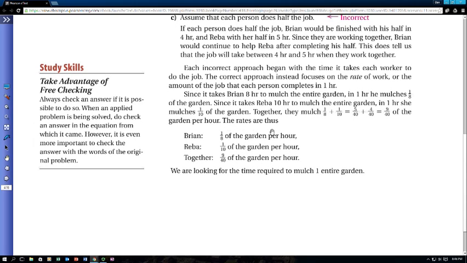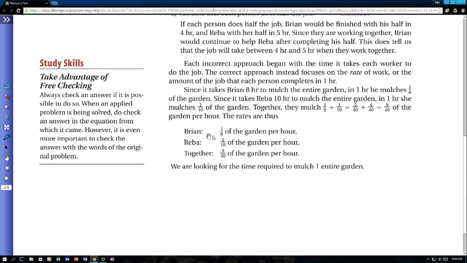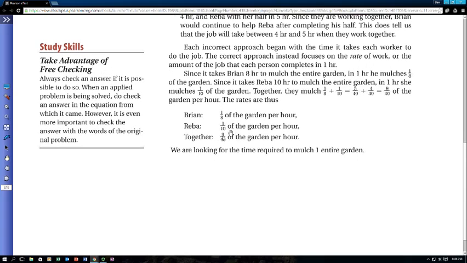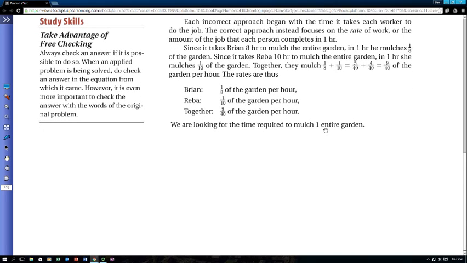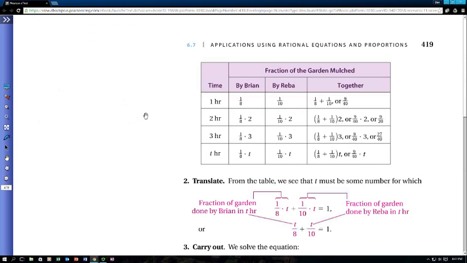So the rates are: Brian is 1/8 and Reba is 1/10, and together they do 9/40ths of the garden in 1 hour. We are looking at the time required to mulch one entire garden though, and that's what we don't know here. So let's look at how we're going to get that part.